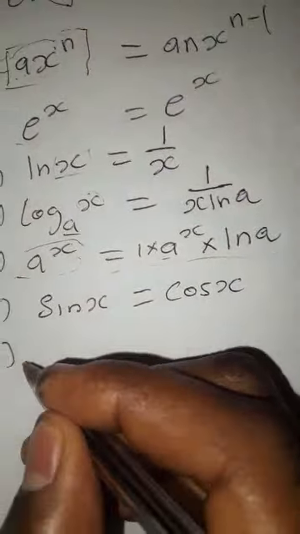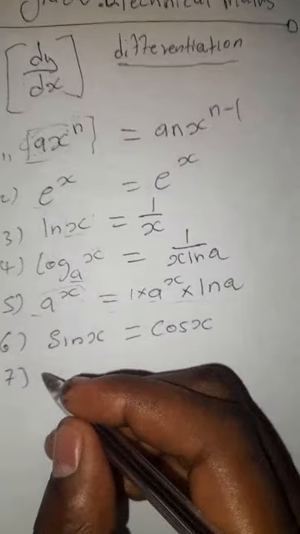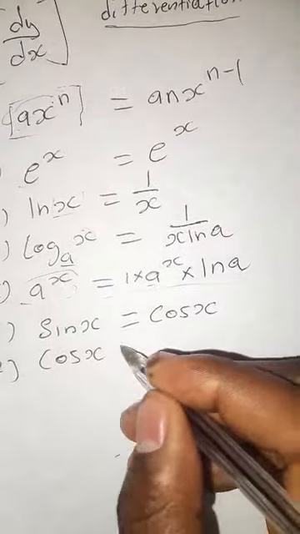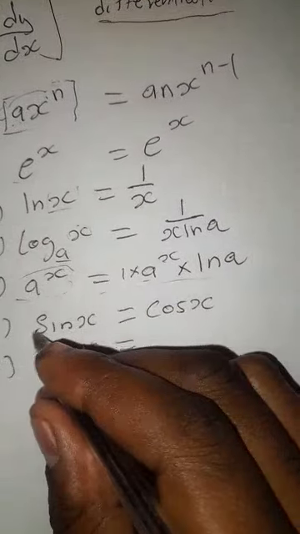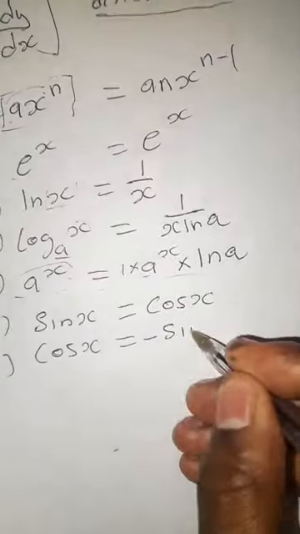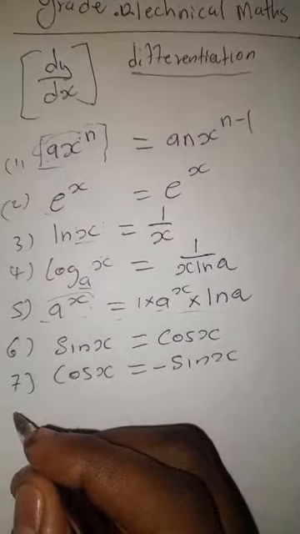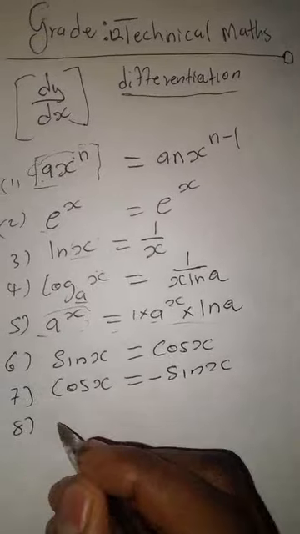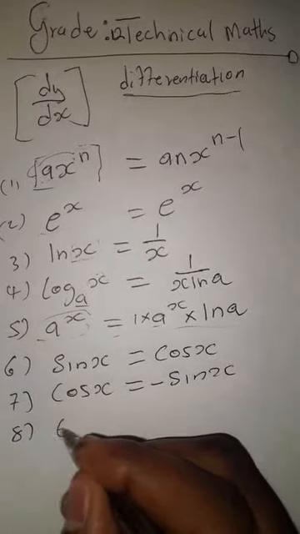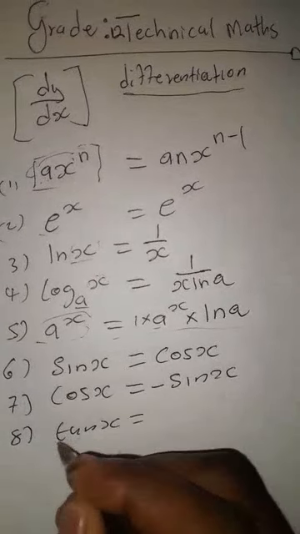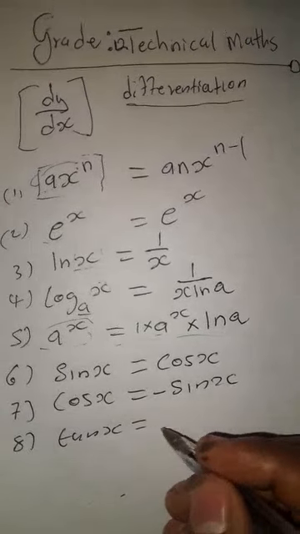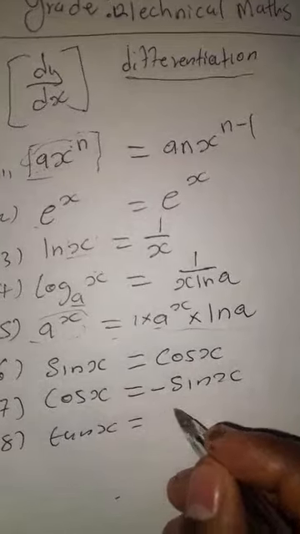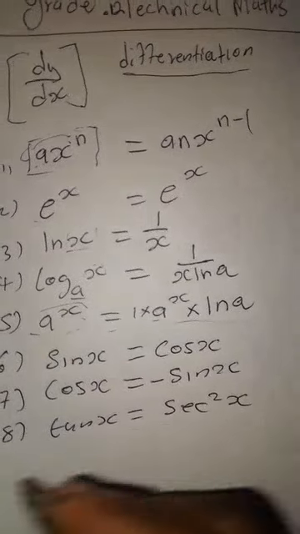When you differentiate cos x, it will become negative sin x. Also note that when you differentiate tan x, the first derivative will give us sec squared x.